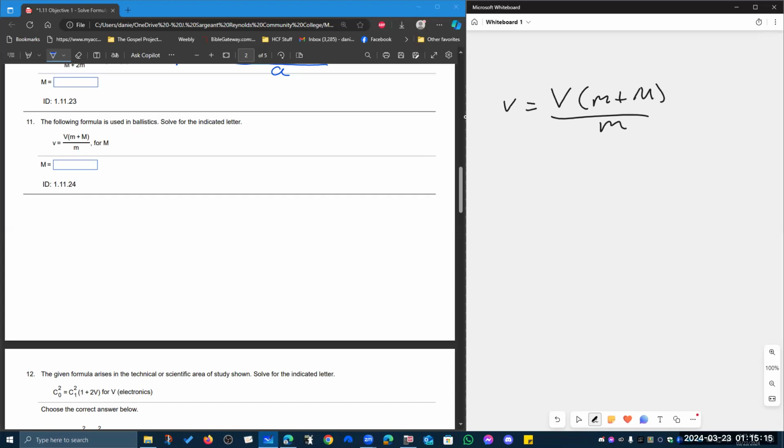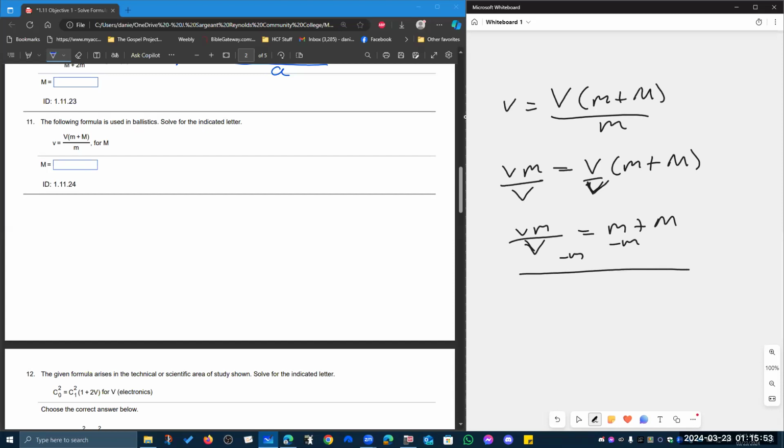Solve for big M. So little v times little m is going to be equal to capital V times little m plus big M. Let's solve for big M by dividing both sides by big V. So little v, little m divided by capital V is equal to little m plus big M. And to solve for big M, let's subtract little m from both sides.